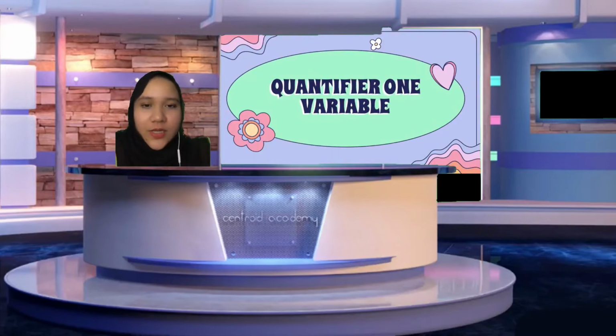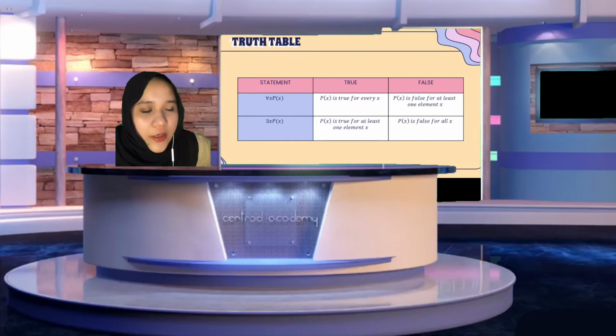Quantifier one variable. It is easy to solve quantifier with one variable. As we can see here, the truth tables. So there are statements. For universal statements, it is true when every single element in P(x) is true for every x.